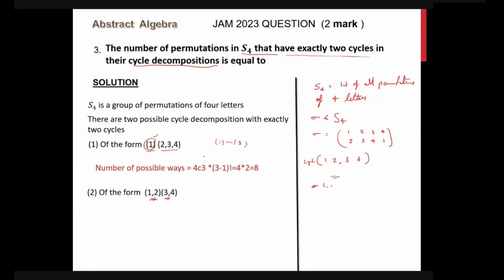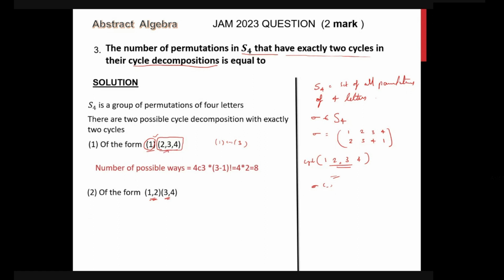There are total four letters in the permutation, so I can choose in 4 ways.